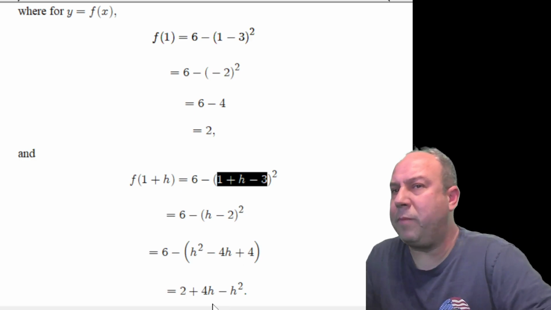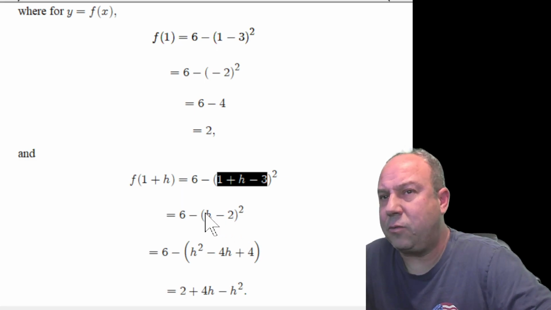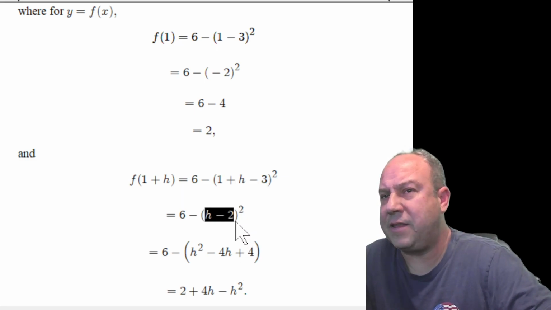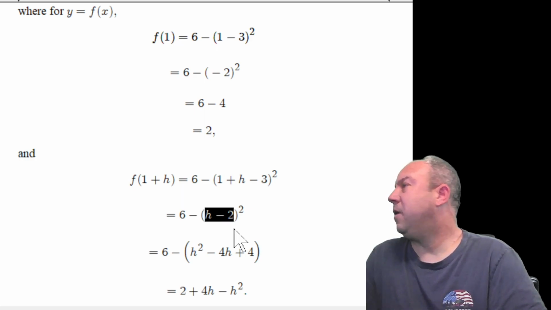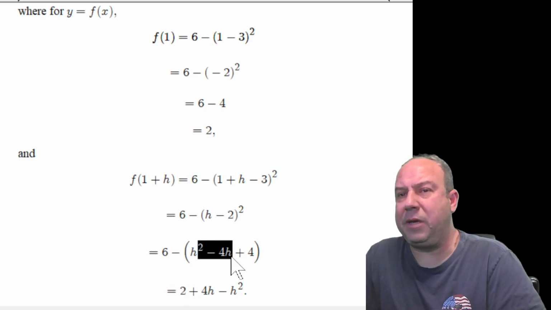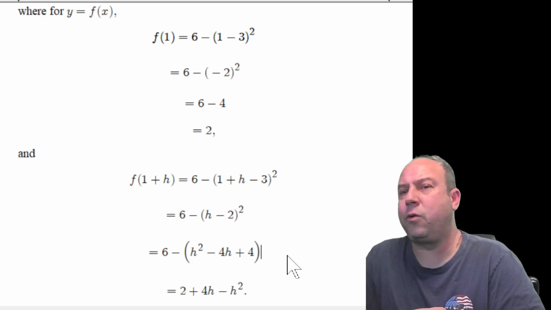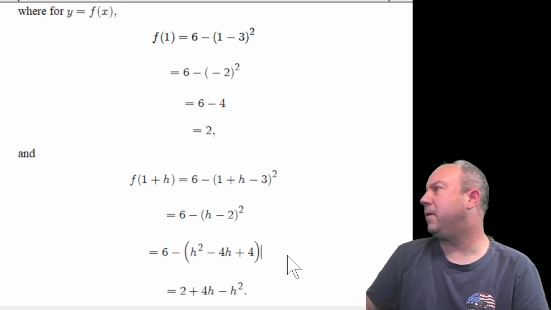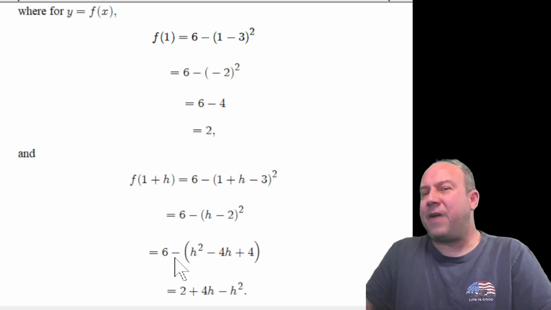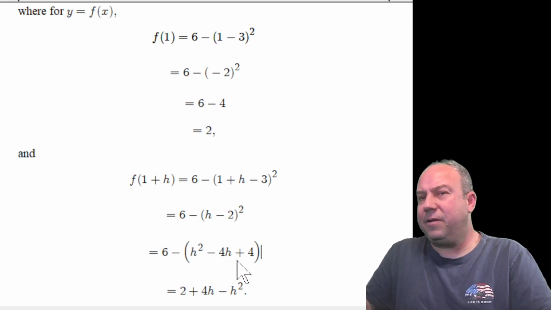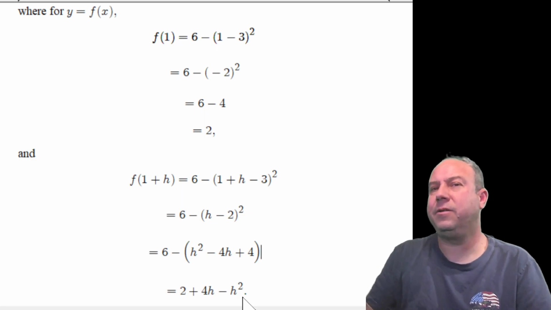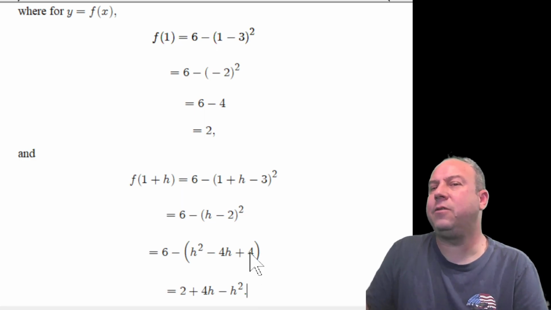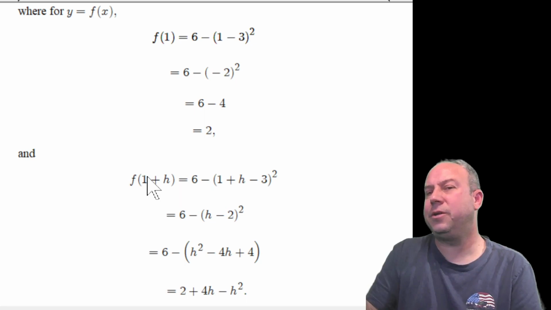Now we know 1 minus 3 is negative 2, so I could write that as h minus 2 inside that group. If I square that, that will square out to become the quadratic h squared minus 4h plus 4. If I distribute the negative and add the 6, I will end up with 2 plus 4h minus h squared as the value for f at 1 plus h.